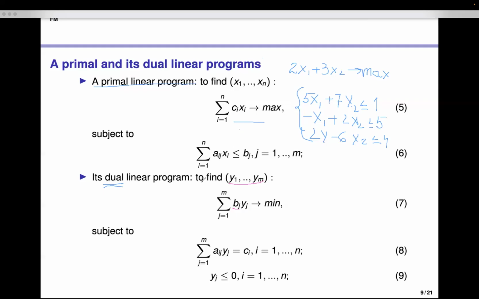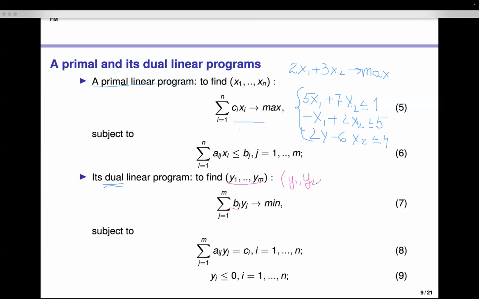First, I need to write how many y I need. What is m? I guess m is the amount of constraints. So I would like to find y1, y2, and y3.